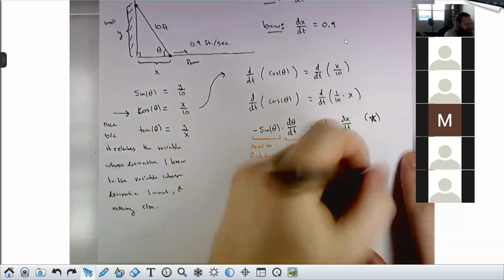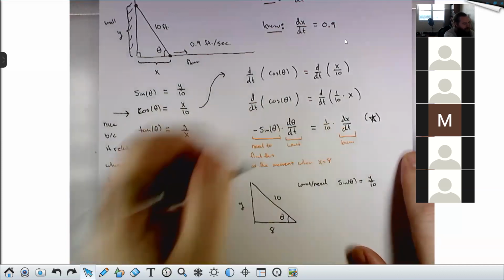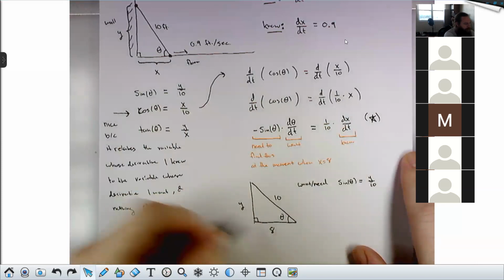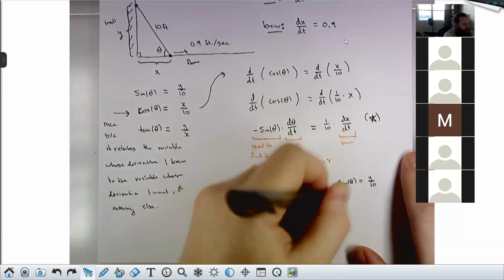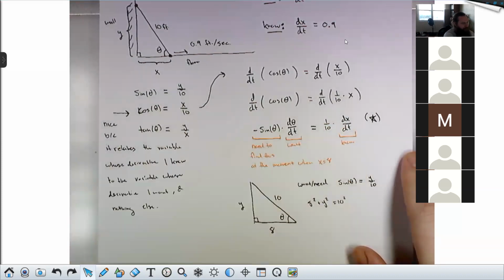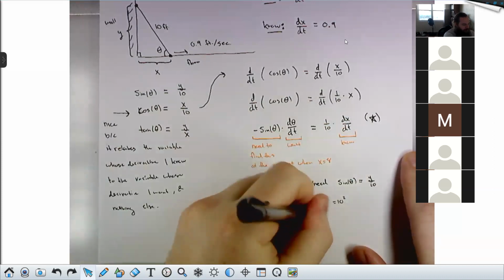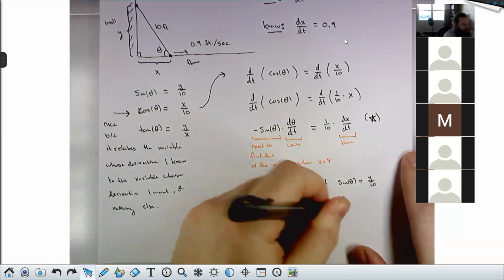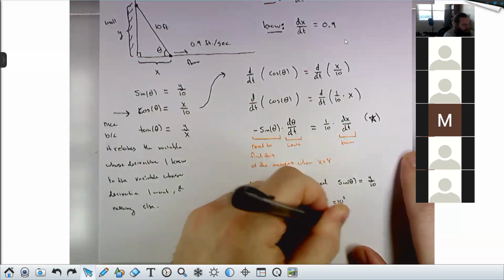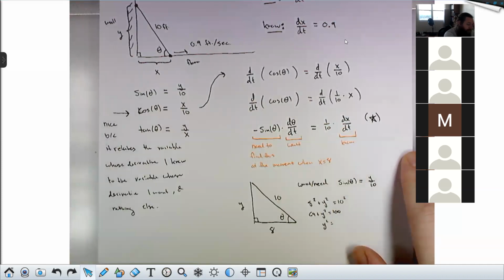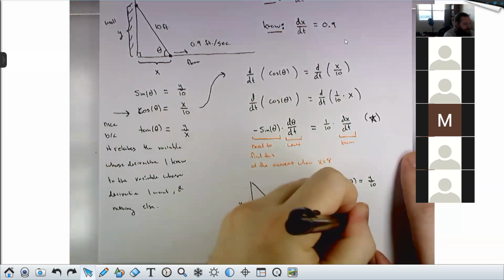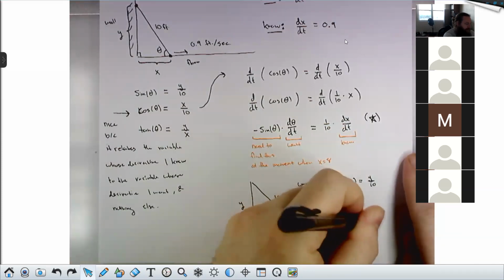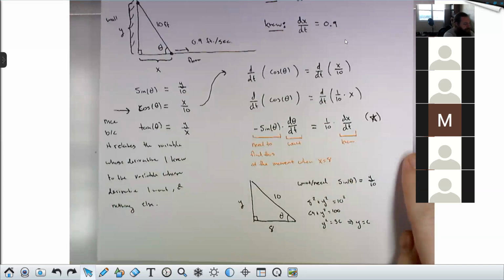SOHCAHTOA, opposite over hypotenuse, that's y over 10. So I just need to figure out what y is here. I know that by Pythagoras, 8 squared plus y squared is equal to 10 squared, right? a squared plus b squared equals c squared. So that's 64 plus y squared equals 100, which means y squared is 100 minus 64, which is 36. So y is 6 when x is equal to 8.